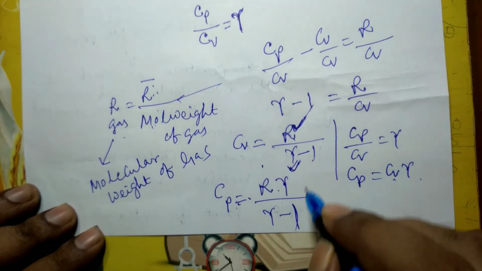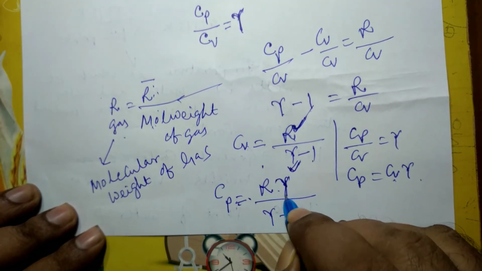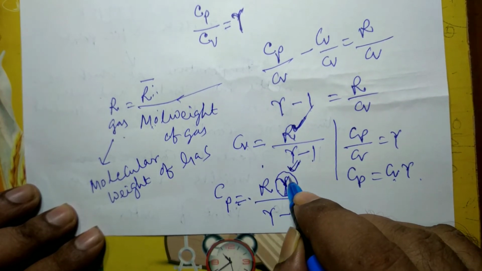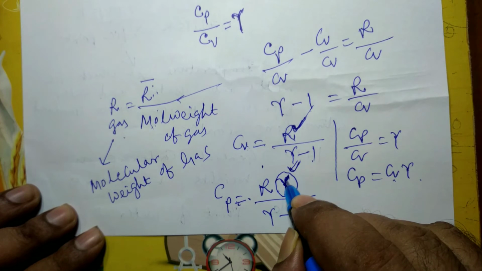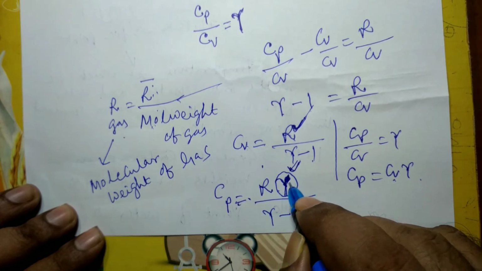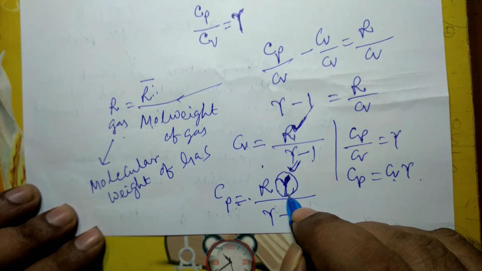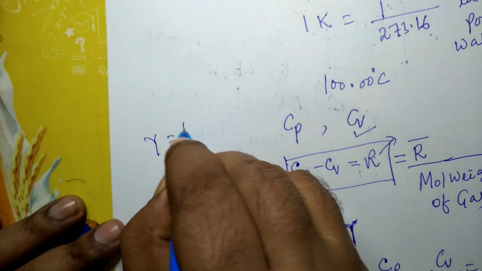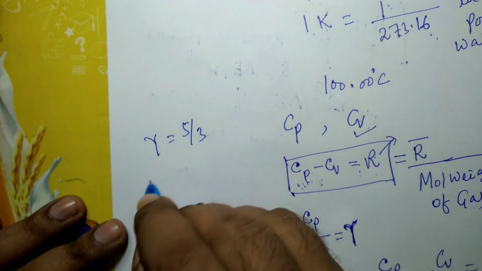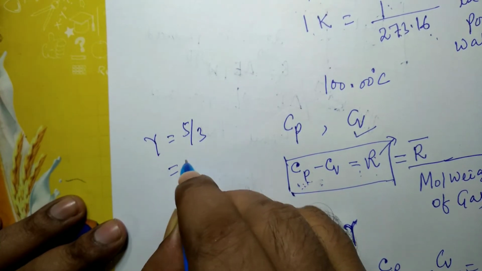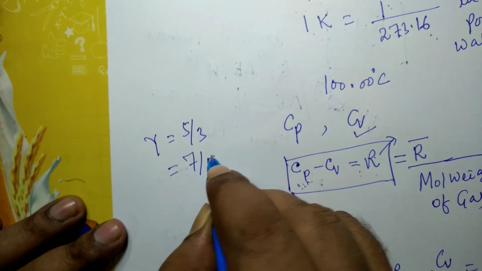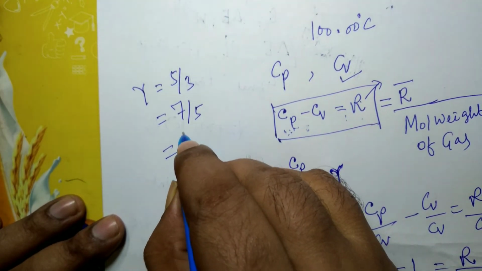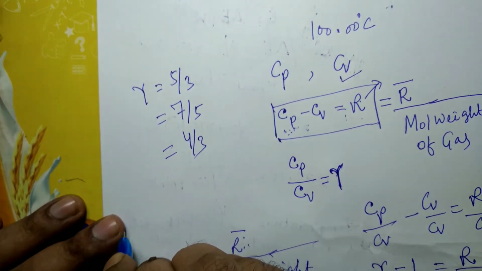But according to the kinetic theory of gases, this gamma, the ratio of specific heats, is related to atomic structure. It depends on atomic structure, because for a monoatomic gas the value of gamma is 5/3, for a diatomic gas it is 7/5, and for a polyatomic gas it is 4/3.